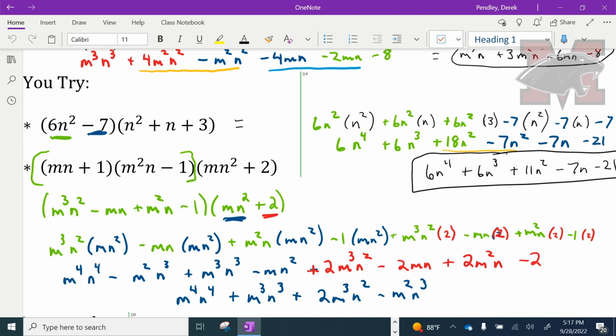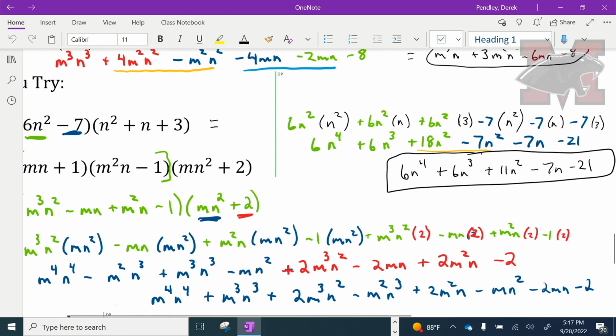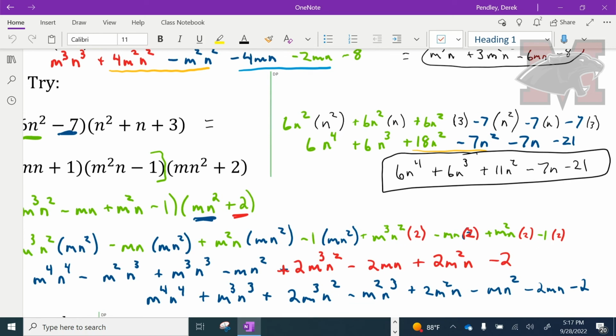And then we have a plus 2m squared n minus mn squared minus 2mn minus 2. Okay? So usually what you'll do is you take the highest term possible, which is the fourth power, and then you just keep going down 3, 2, 1.